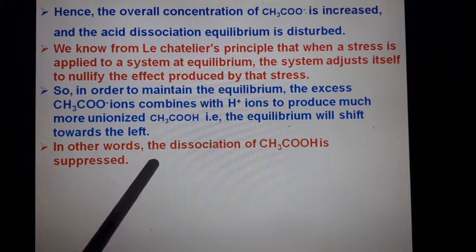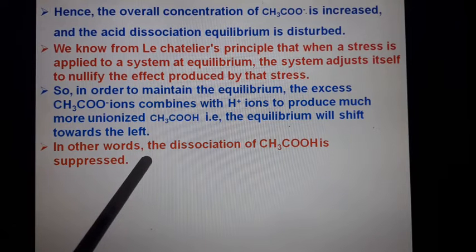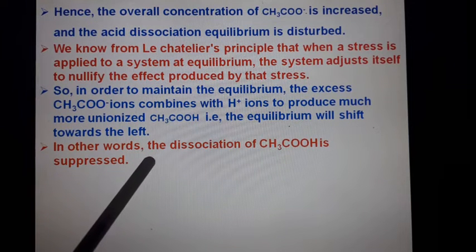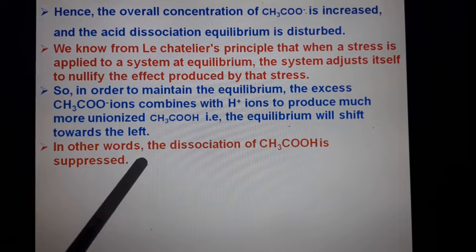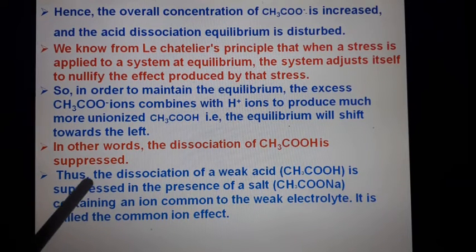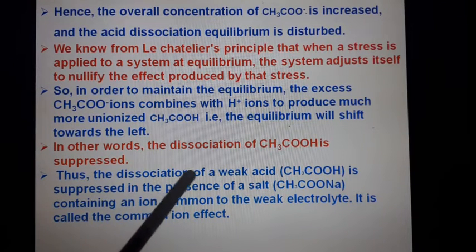In other words, the dissociation of acetic acid is suppressed. This is the reason for the suppression that takes place in the common ion effect.